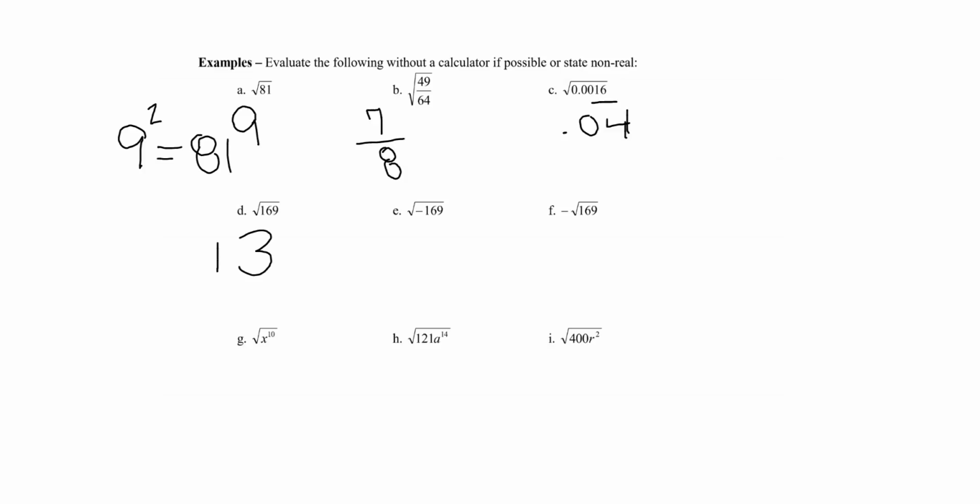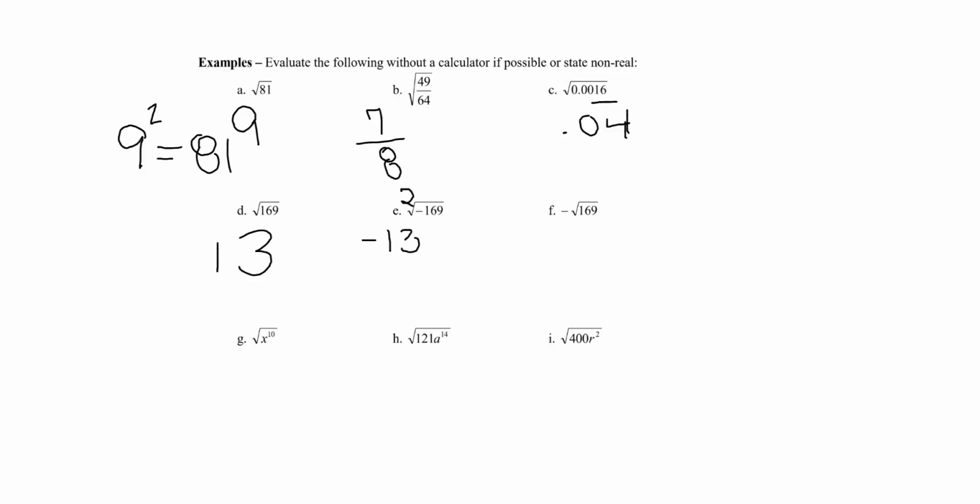Now for E, this one is a special case, and I want you to pay attention to it. Because we're looking for the square root of 169, and our index, or the number outside the radical, even though we don't see it, is a 2, we can't have a negative under the radical, because a lot of people would say, oh, the answer is negative 13.